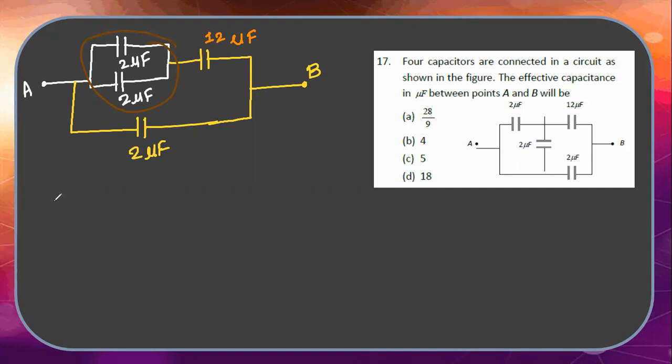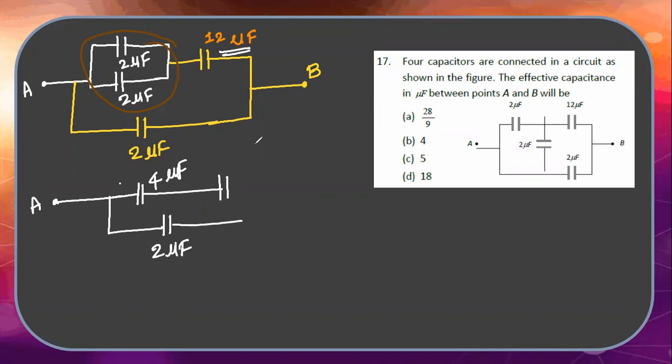Therefore, on redrawing this, this is A, and this is 4 microfarads. Down, 2 microfarads is there. Here it is 12 microfarads. So first these two are in series.